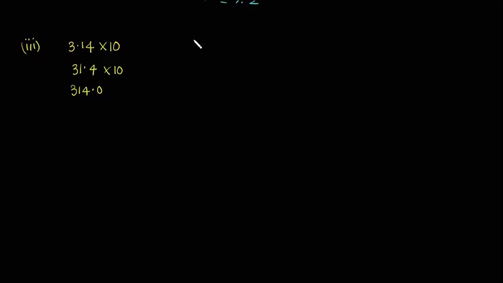Now what happens if 1.1, a binary value, is multiplied by 2? Let's check. What is this value? This value is 1 plus 0.5, that is 1.5.